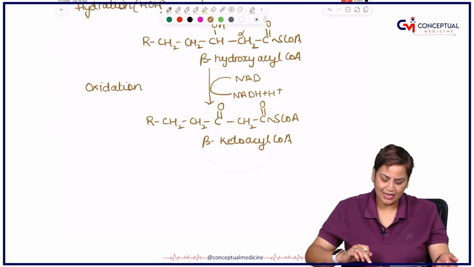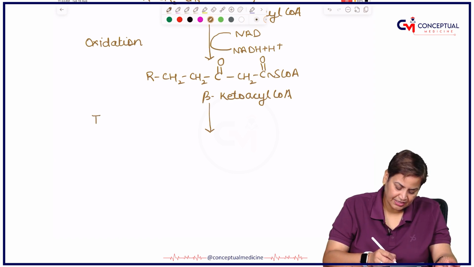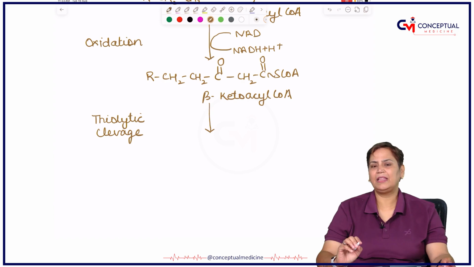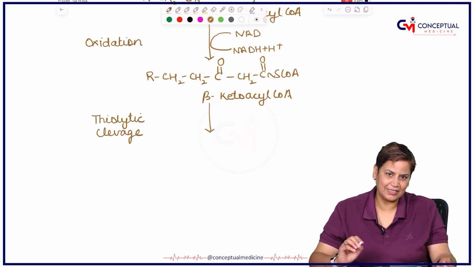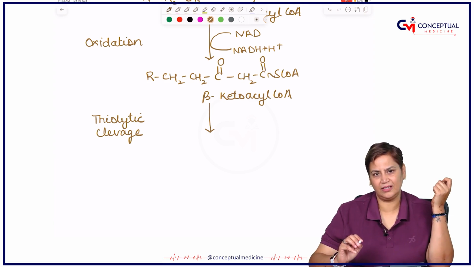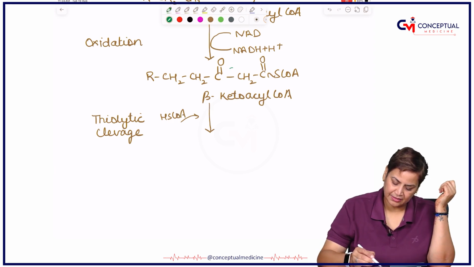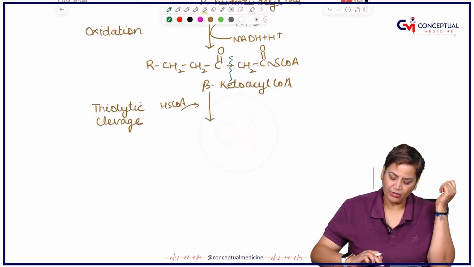Then we come over to the last step. Last step is cleavage. And the cleavage, I have mentioned this terminology, thiolytic cleavage is there. Now, what do you mean by thiolytic cleavage? Thiolysis means another coenzyme A is required here. And why is this coenzyme A required? Because the splitting will now take place here. And what will we get?